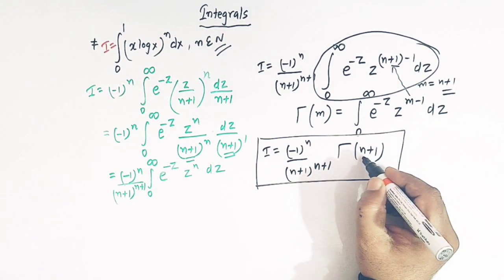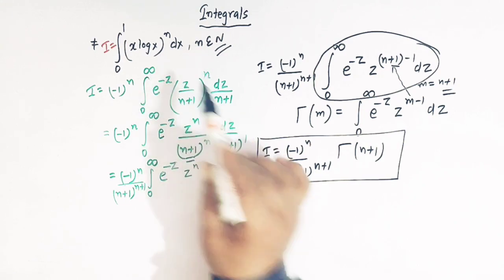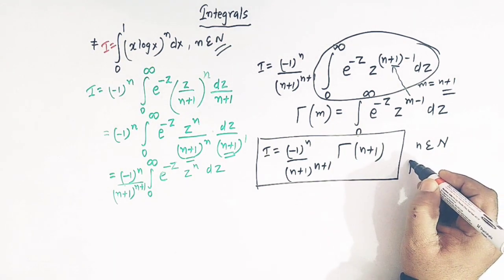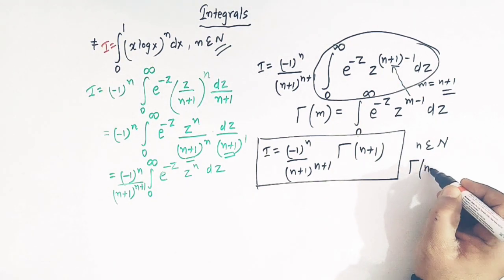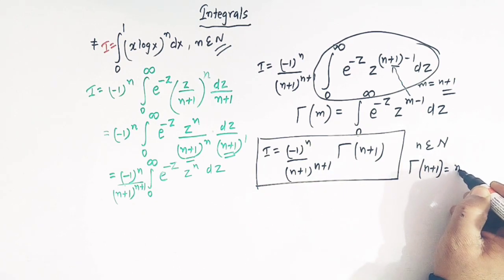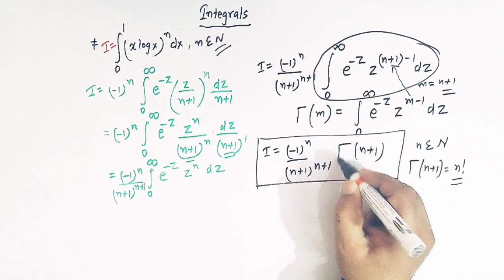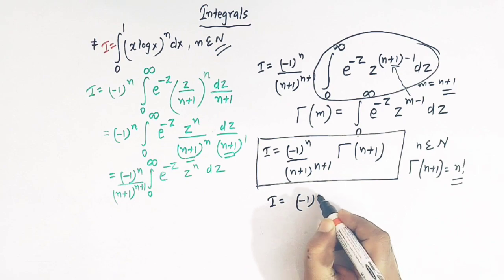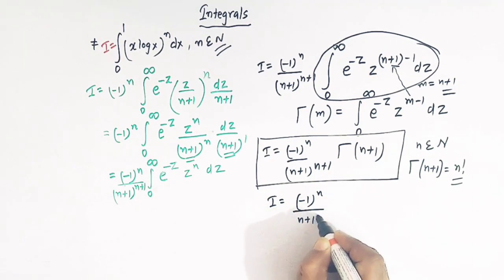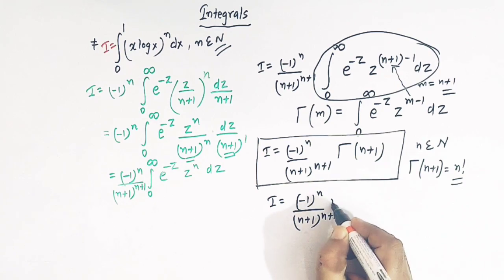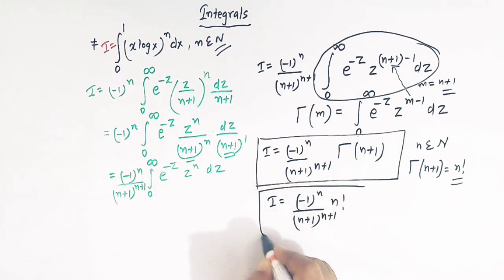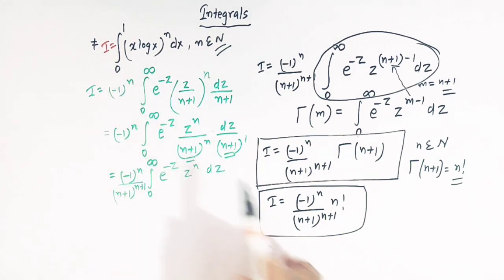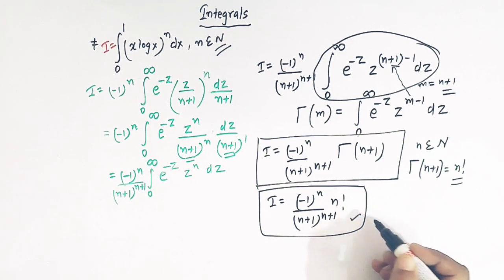Now here n belongs to the set of natural numbers, so by definition gamma of n plus 1 is equal to factorial n. So we can replace gamma of n plus 1 by factorial n. So I is equal to minus 1 raised to n, (n plus 1) raised to n plus 1, and factorial n. So the final value of this integral is given by this expression.